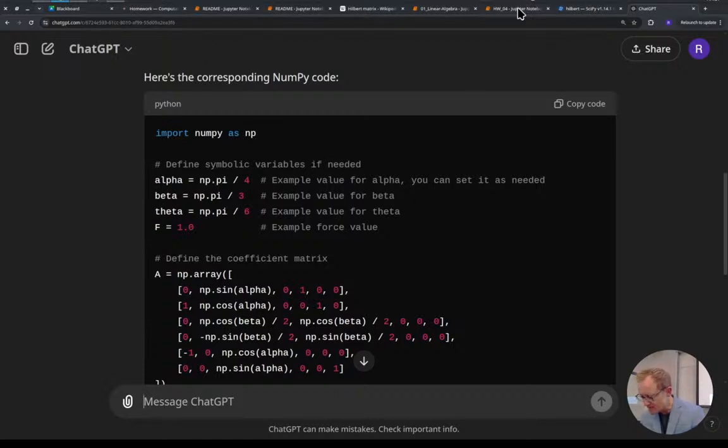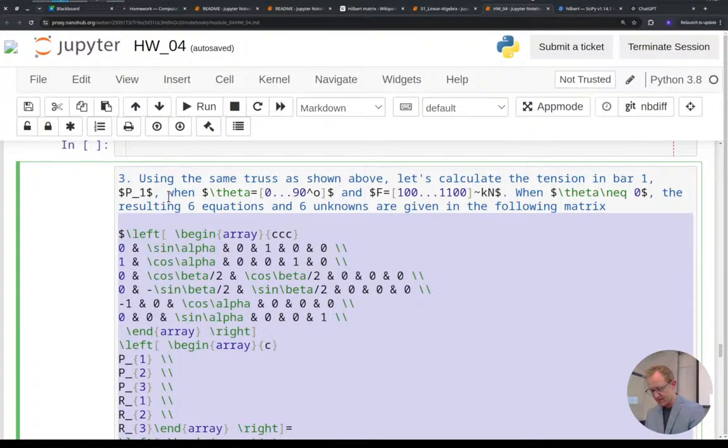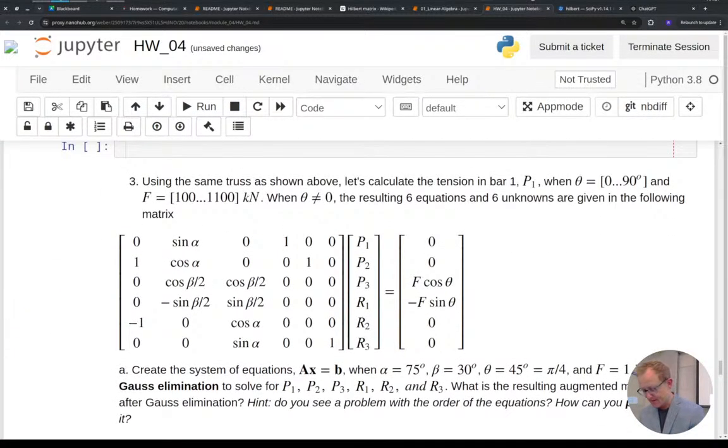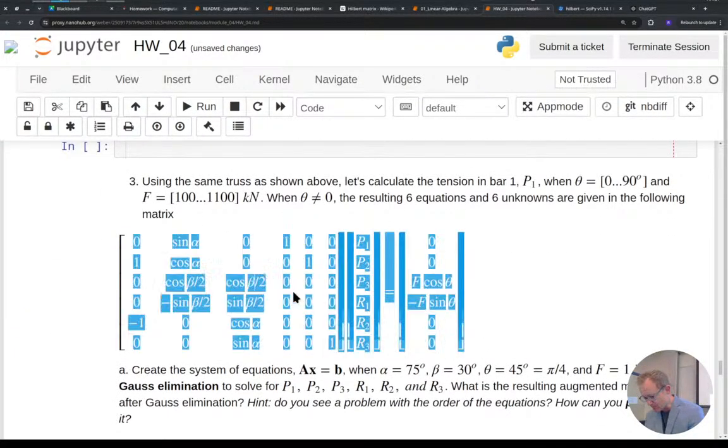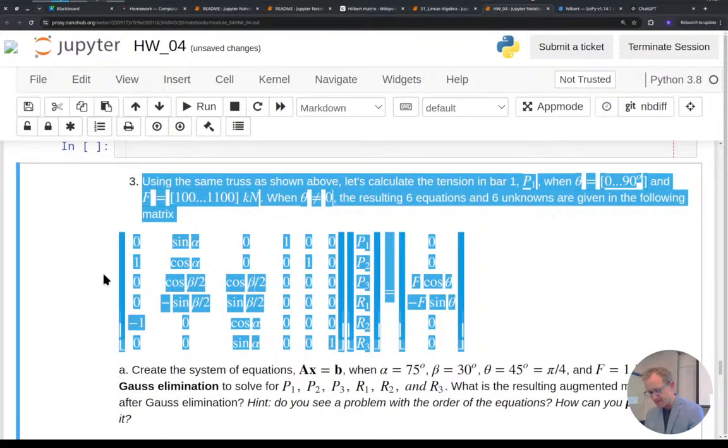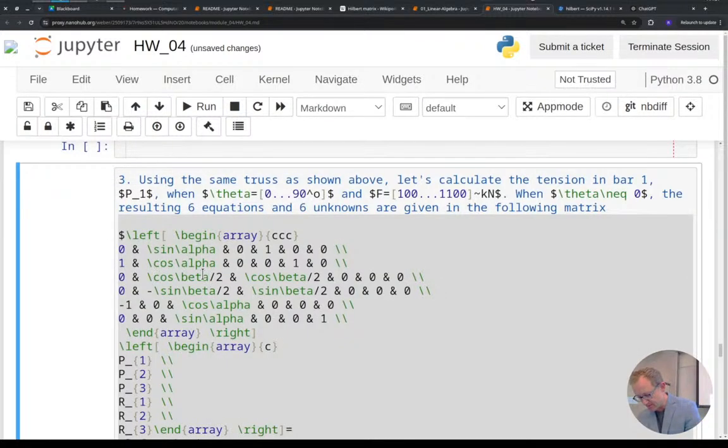I was just looking through what was going on in the class, and someone was copying this array and saying, hey, ChatGPT, turn this into a NumPy array? But if you can get to the raw code, whether it's HTML or LaTeX or whatever the code happens to be, and give it to ChatGPT, it's really good at taking one table and filling in information into another table.